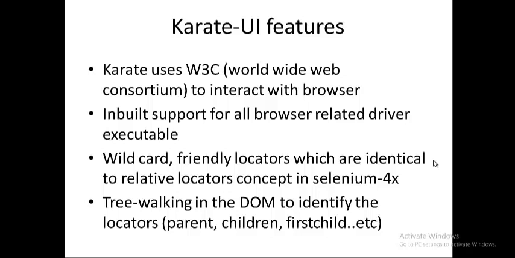And even the tree walking: tree walking is pretty much like how you write your XPath functions, like following-sibling, preceding-sibling, and ancestors. In a similar fashion, there are certain functions in Karate that will help us find the parent element of a particular element, the child of a particular element, the nth child, the first child.